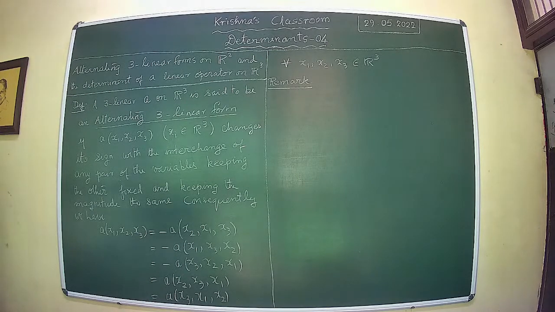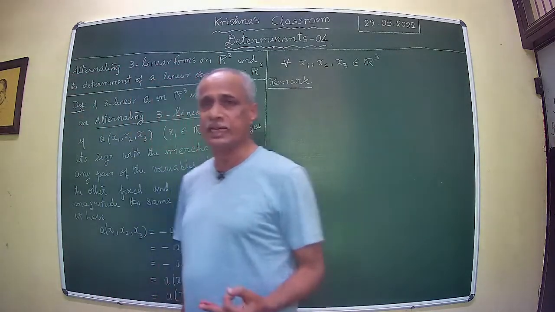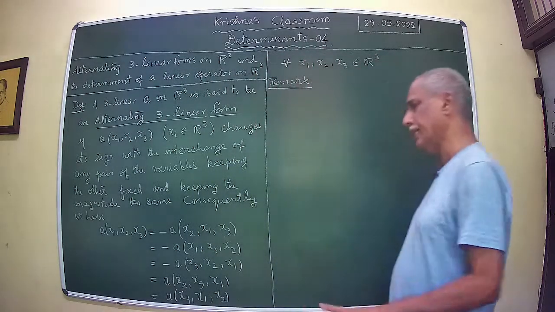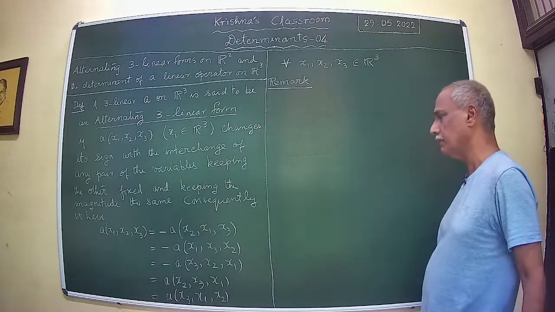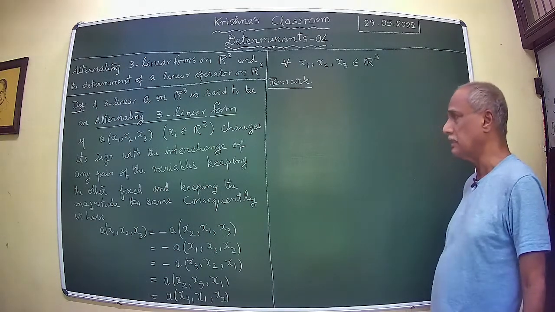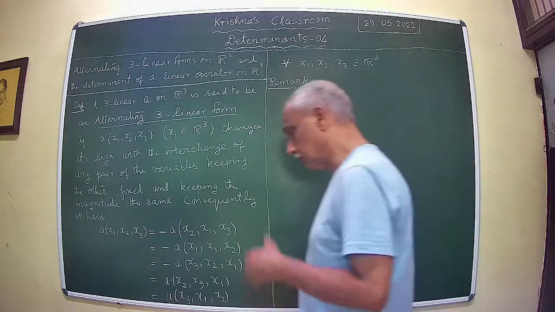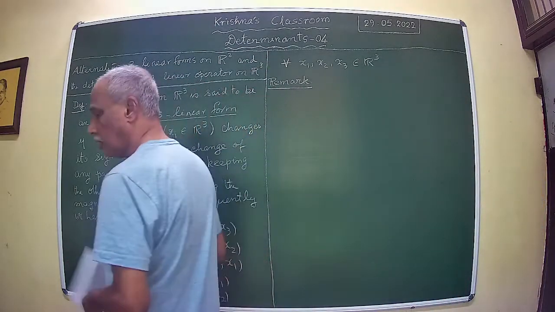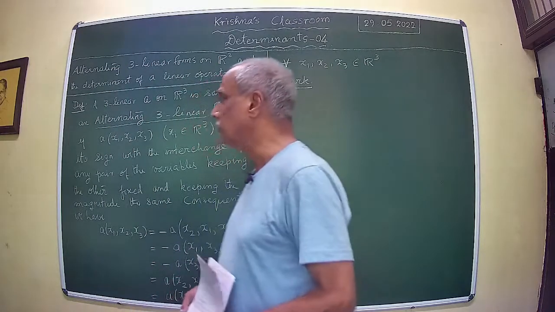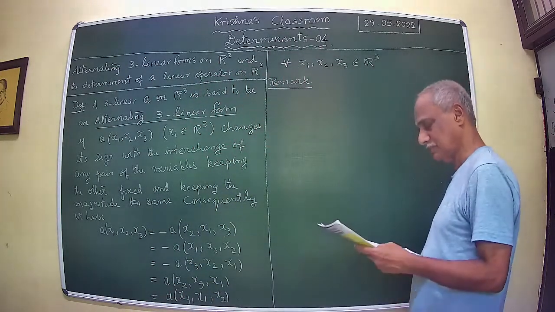Similarly, a scalar multiple of a three linear alternating form is again a three linear alternating form. Therefore, the collection of all alternating three linear forms forms a subspace of the vector space of all three linear forms. Okay.